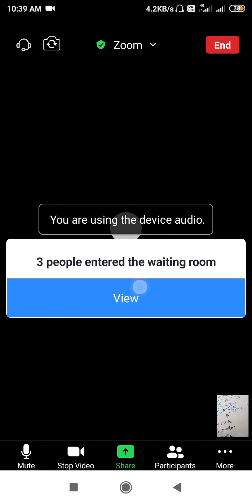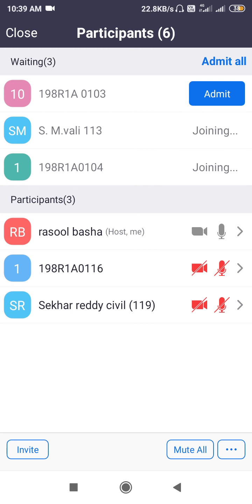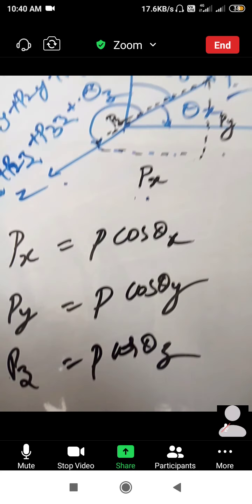Coming to the forces in the particular directions, P suffix x equals P cos theta x, P suffix y equals P cos theta y, and P suffix z equals P cos theta z.